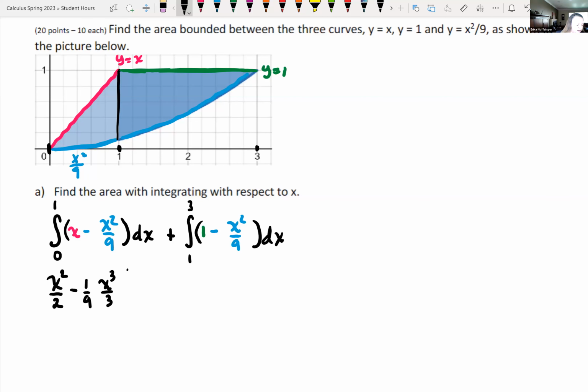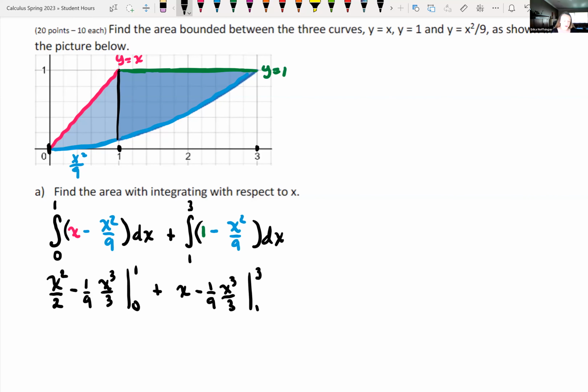We're evaluating this from 0 to 1. Plus, the antiderivative of a constant is that constant times x, so that's just 1x or x, minus, and again, the antiderivative of 1/9 x squared is 1/9 x cubed over 3. And that piece is from 1 to 3.